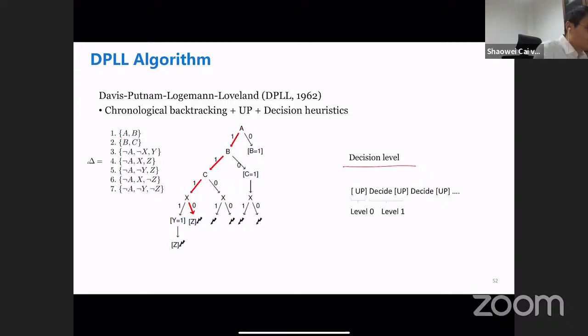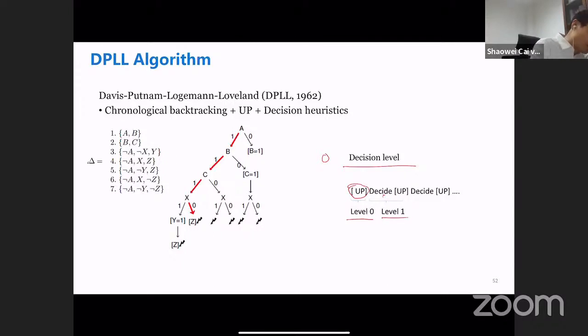Originally we are at level 0. And if we have unit clauses in the original formula, we can do some UP. This happens at level 0. And then we pick a variable to decide. We pick a variable and decide to assign 0 or 1 to this variable. This is a decide operation. And each decide operation begins a new level.